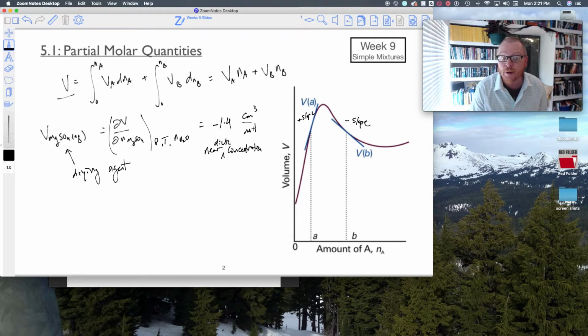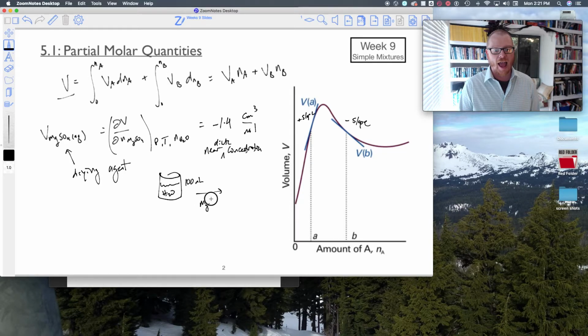For every mole of magnesium sulfate added to an aqueous solution, it will reduce the volume by 1.4 cubic centimeters, which is pretty cool, right? So again, what this means is if I had a beaker containing, let's say, 100 milliliters of just pure water, and now I add 1 mole of magnesium sulfate to this, I'll no longer have 100 milliliters.